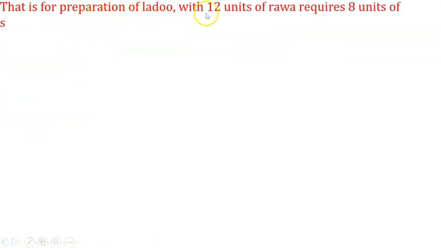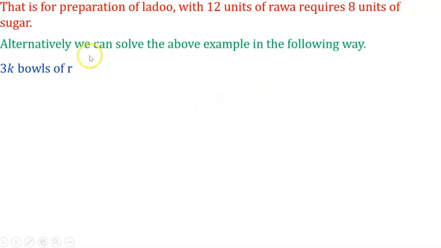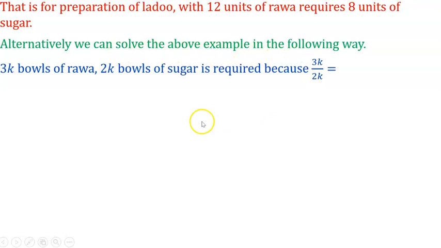That is, preparation of laddu with 12 units of rava requires 8 units of sugar. Alternately, we can solve the above example in the following way. 3k bowls of rava and 2k bowls of sugar are required because 3k upon 2k is equal to 3/2.